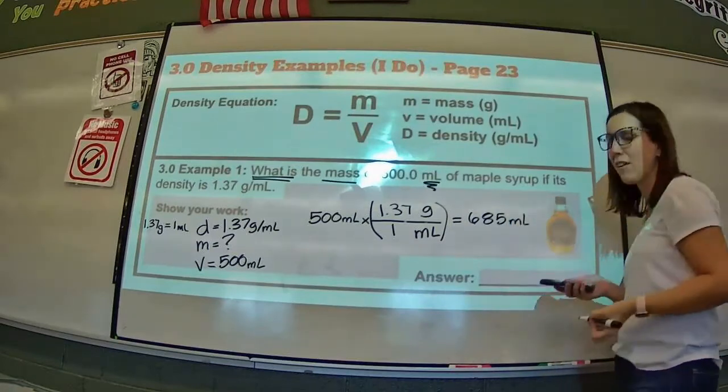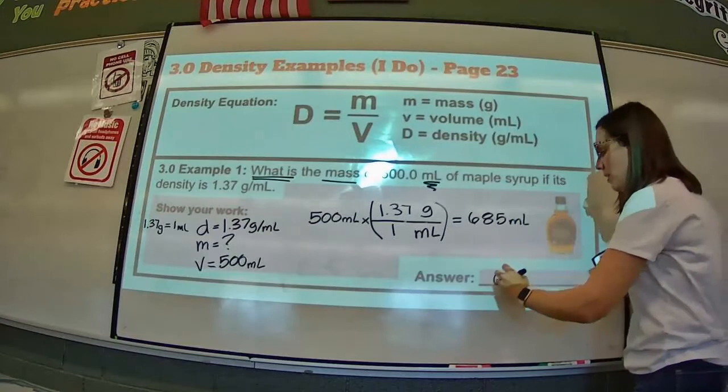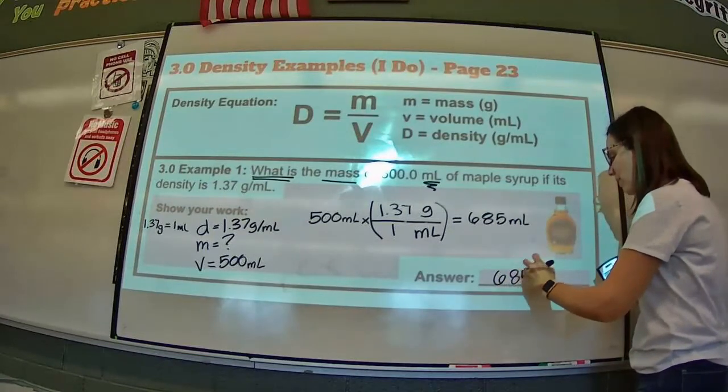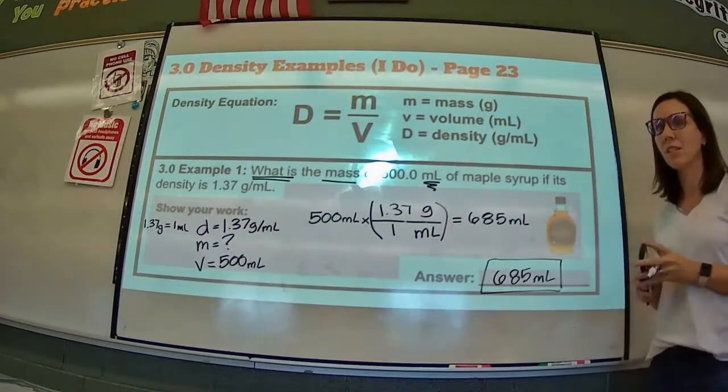That's a little over half a liter of maple syrup. So we have 685 grams of maple syrup as my final answer.